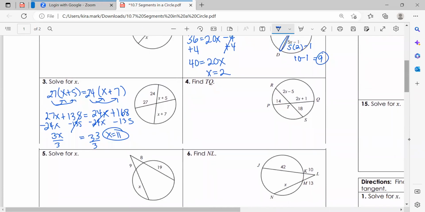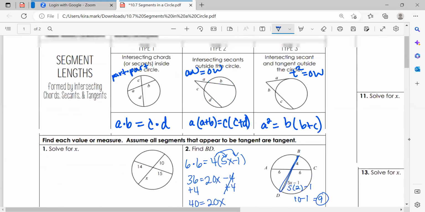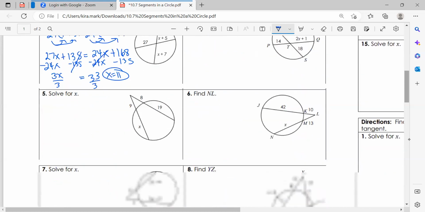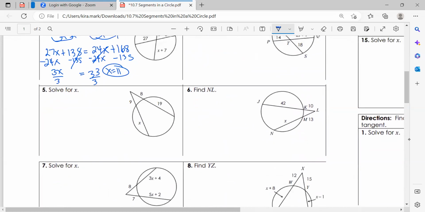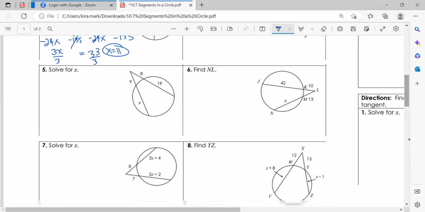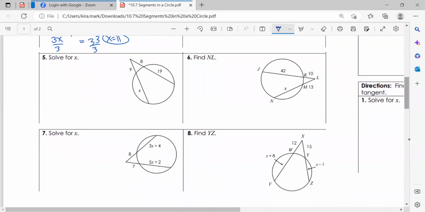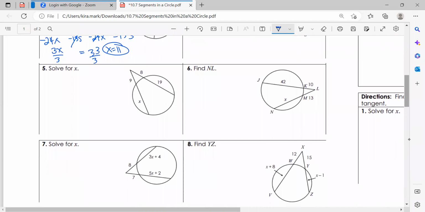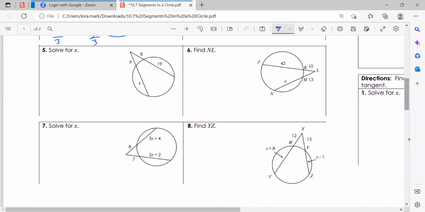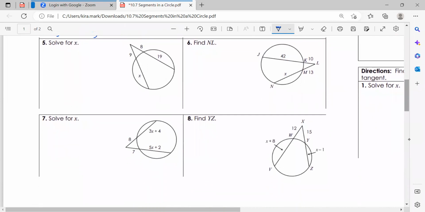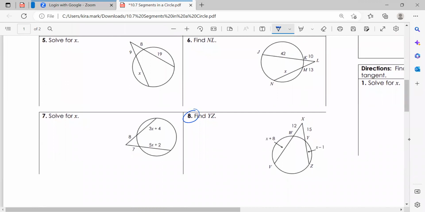Now we have the "ow" problems. So for the ow problems, I've got an outside bit times the whole thing, and then an outside bit times the whole thing. Doesn't really matter which one we pick. We can do one with distribution just because it's tricky. So let's do this one, 8.